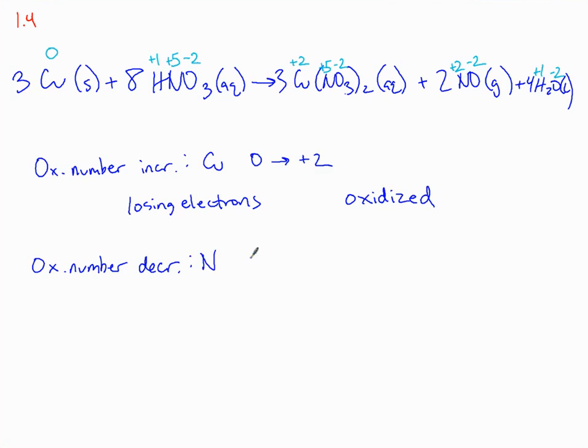So we'll write nitrogen is going +5 to +2. When your charge is becoming more negative, that means you are gaining electrons. And when you gain electrons, we call this being reduced.